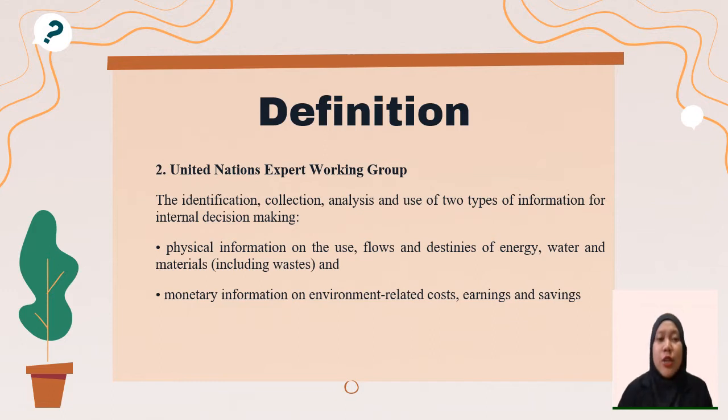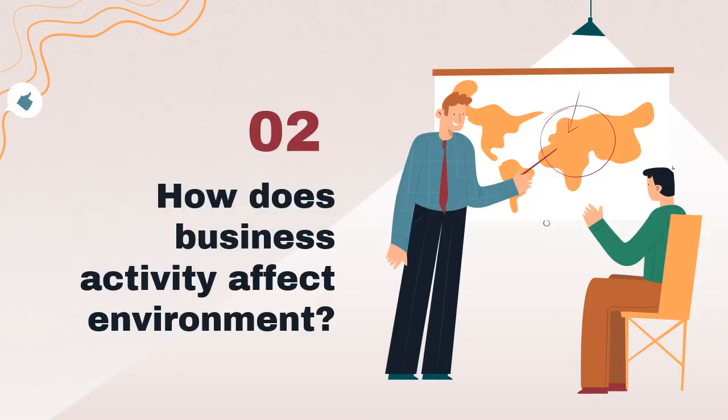According to the UN Group, EMA is broadly defined to be the identification, collection, analysis, and use of two types of information for internal decision making. Firstly, physical information on the use, flows, and destinies of energy, water, and materials, including waste, and also monetary information on environment-related costs, earnings, and savings.